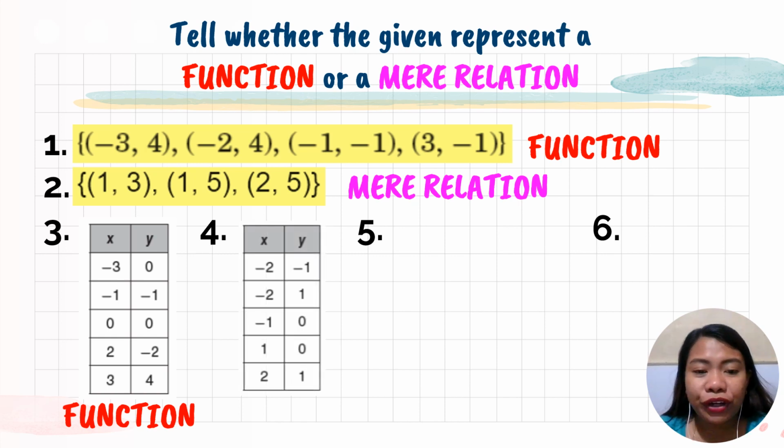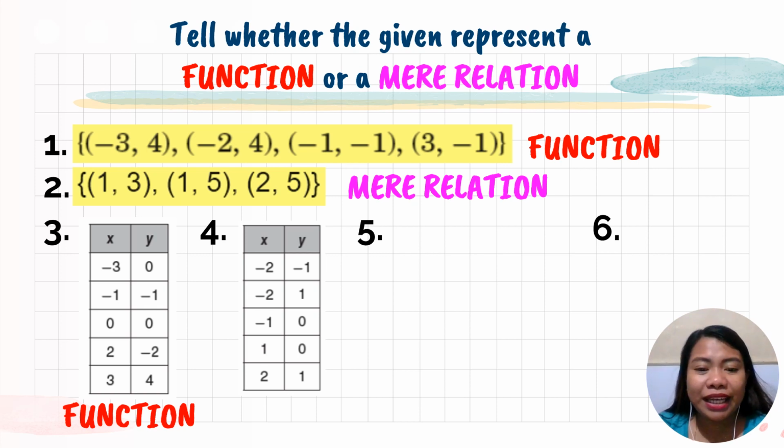Let's have another example of a table, x and y. So we have here the x coordinates: -2, -2, -1, 1, 2. And the y coordinates: -1, 1, 0, 0, 1.